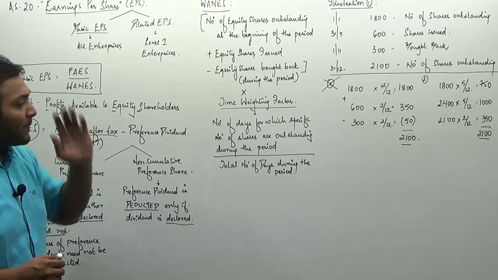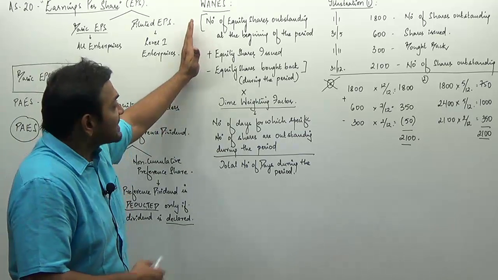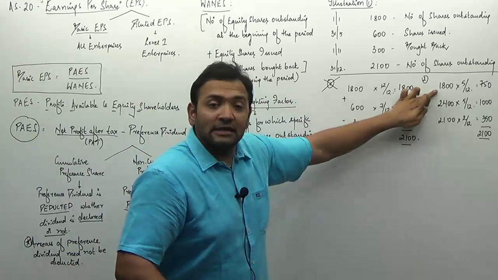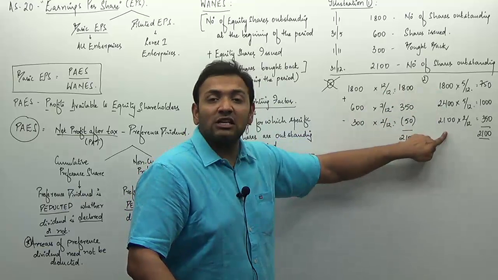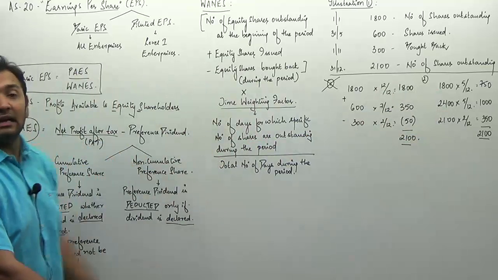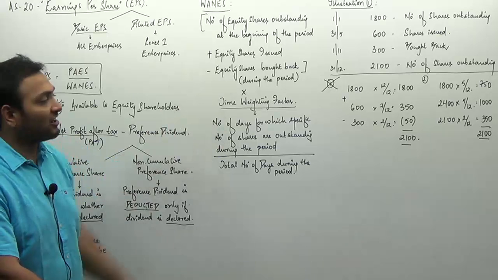Now, apply again. Number of shares outstanding at the beginning of the period should be adjusted with the equity shares issued or bought back. 1800 shares, issued 600 shares, 2400, bought back 300 shares, 2100, absolutely right. Absolutely right in computing the number of equity shares multiplied by time weighting factor.